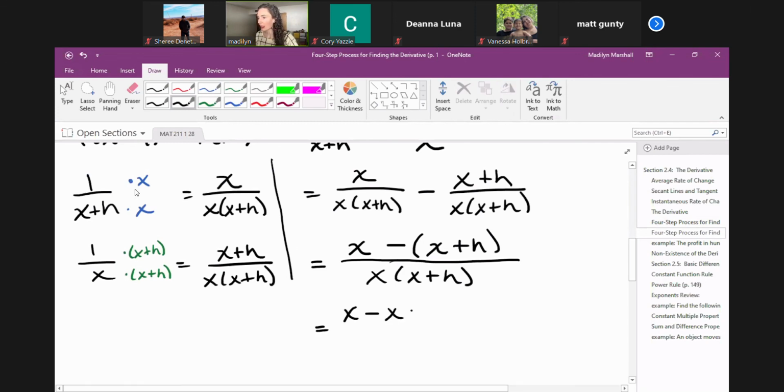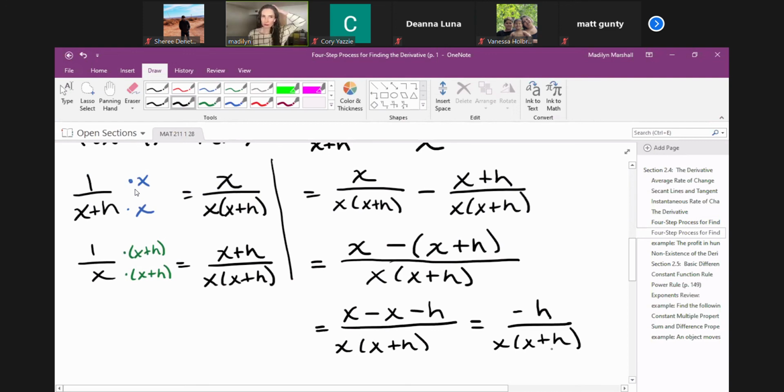Which gives us... so do be careful with that minus sign.